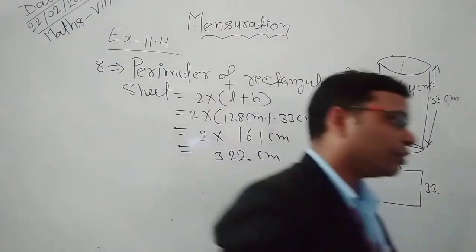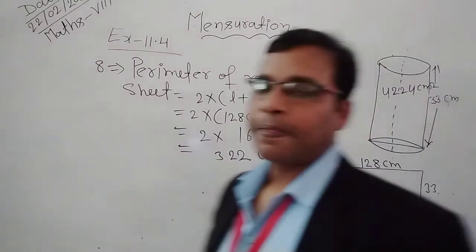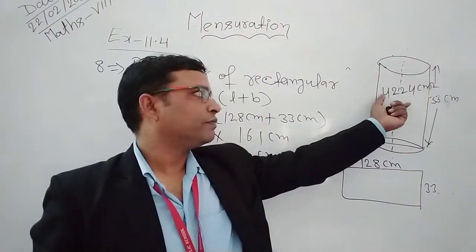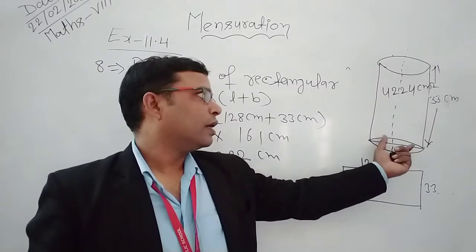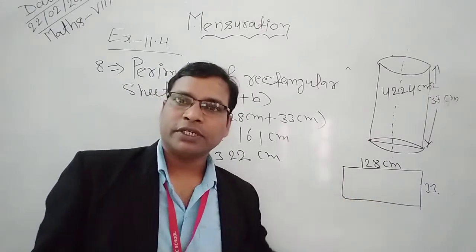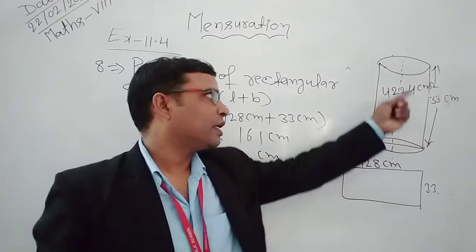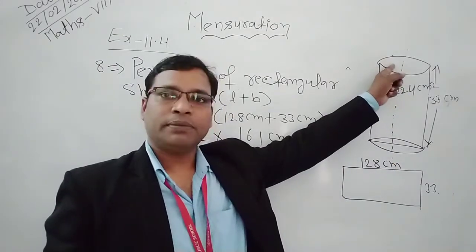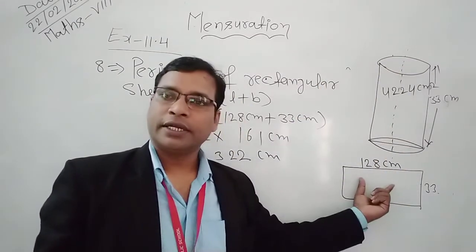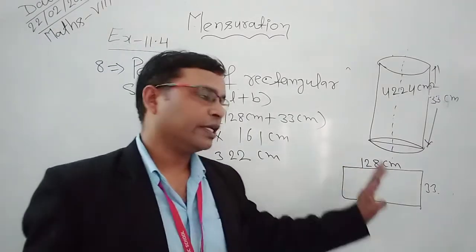So we find the radius through this circumference, through this lateral surface area, and again we find the length of this rectangular sheet. How do you find it? By using the circumference of the circular part of the cylinder, which is equal to the length of this rectangular sheet. Okay, so we have got 128 centimeters.